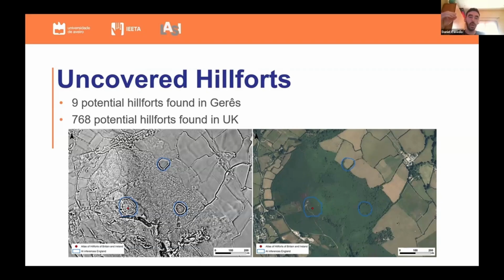However, they still require fieldwork validation to confirm that they are actually hillforts. And in these images, you can see they are in the UK. The one that has a red dot is a known hillfort in the UK, but the other two are not known. But our team is almost certain that they are actually hillforts.